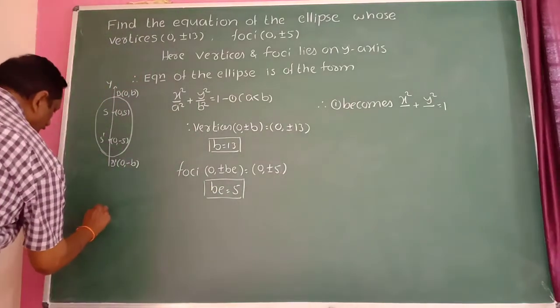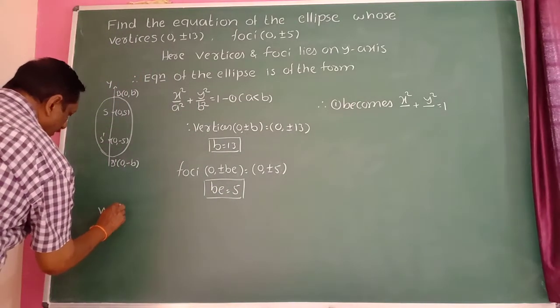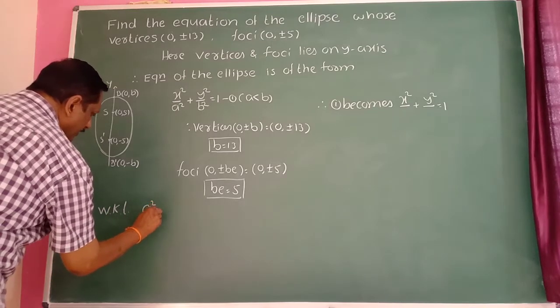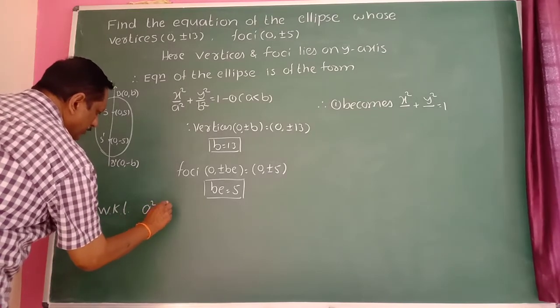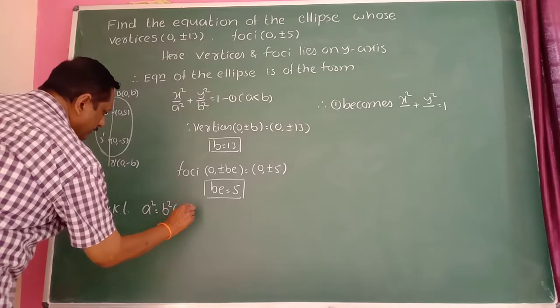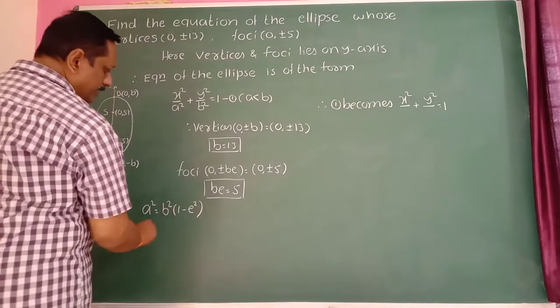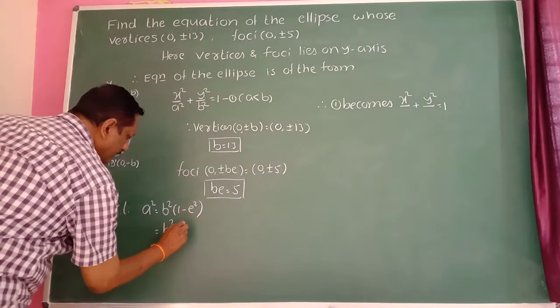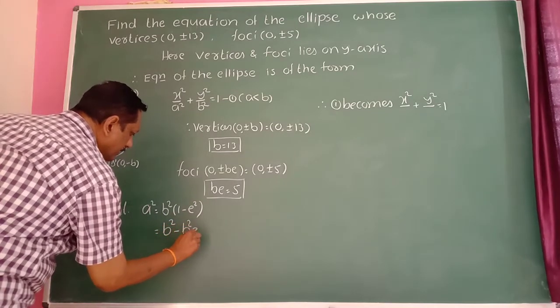Then we know that here, a square is equal to b square into 1 minus e square. Take b square inside the bracket here: b square minus b square e square.